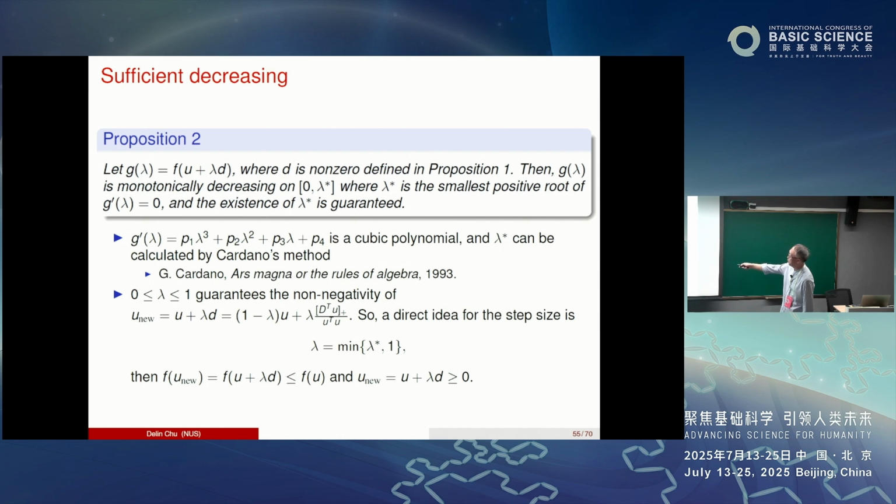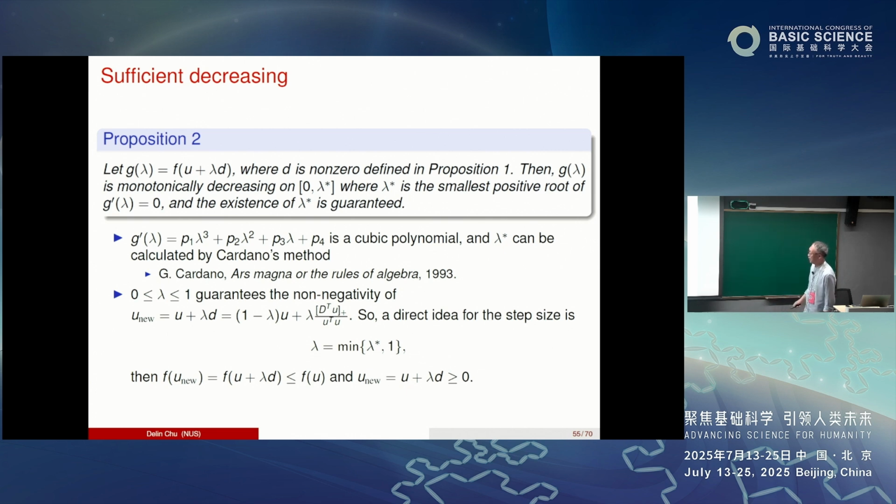Also, we can show lambda star exists. So we only need to solve for the smallest solution of g prime(lambda) equal to 0. Since g prime(lambda) is a cubic polynomial, we can find its smallest solution very easily.